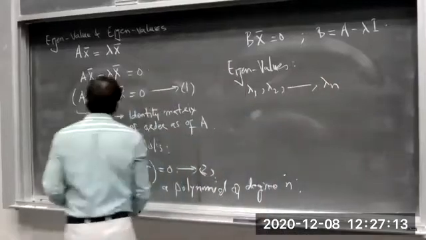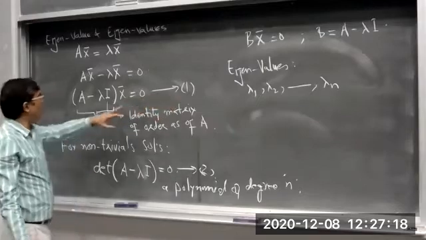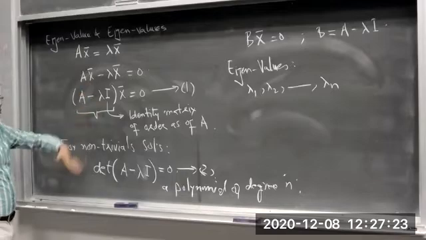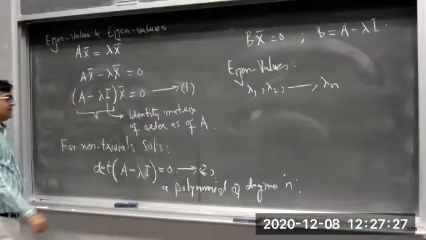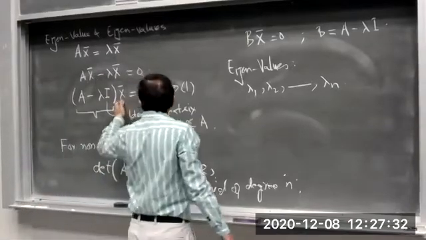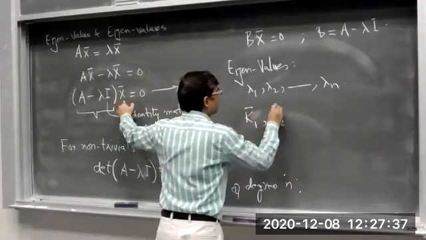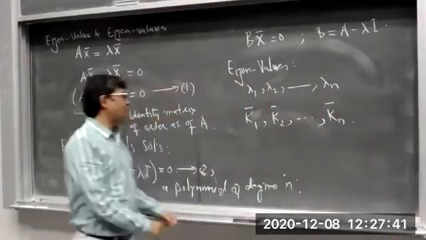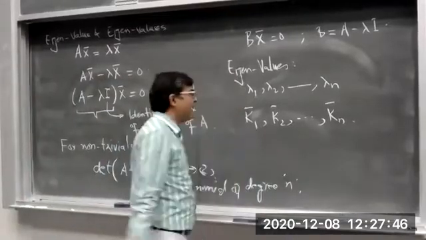By inserting the values of lambda one by one in this equation, lambda 1, lambda 2, lambda 3, lambda 4, and so on, lambda n, we get n linear systems. After solving these linear systems, we obtain an eigenvector, for example, k1 corresponding to lambda 1, k2 corresponding to lambda 2, and so on, kn corresponding to lambda n. This is how we can find eigenvalues and eigenvectors.